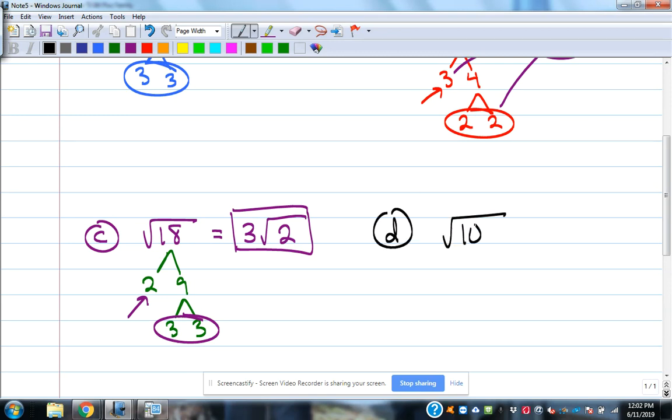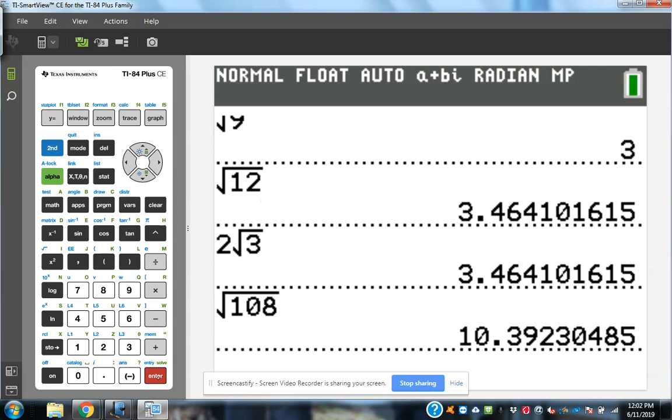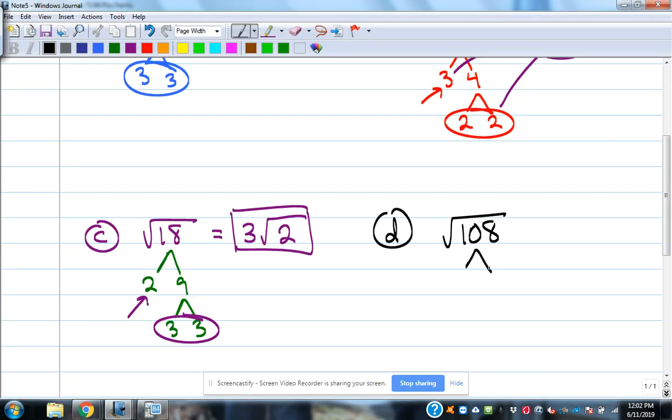Let's do one a little bigger, like 108. Bigger number. If I'm not sure about a number, a lot of times I'll just go ahead and do the calculator, square root of 108, and I know, hey, I can simplify that somehow, or it's not going to have a nice square root. So I'm not sure what it is, but I'm just trying. So I'm thinking, how can I break down 108?